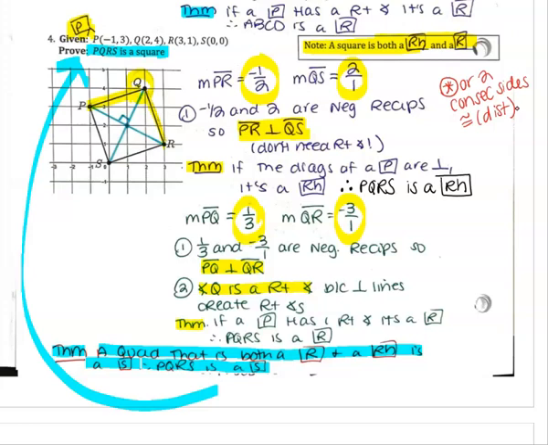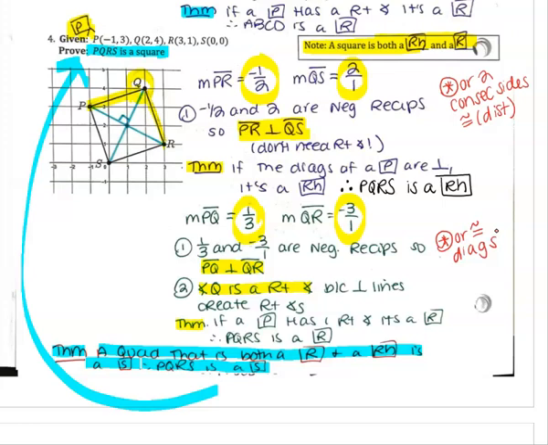I, yet again, did rectangle by showing I had a right angle, but you could have also done congruent diagonals. Okay, so just other options that you guys could do, but in my opinion, like I said, I think this is the easiest approach.